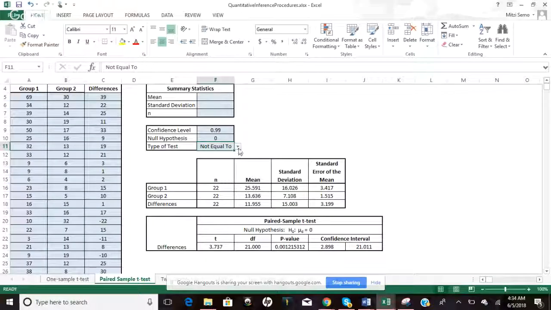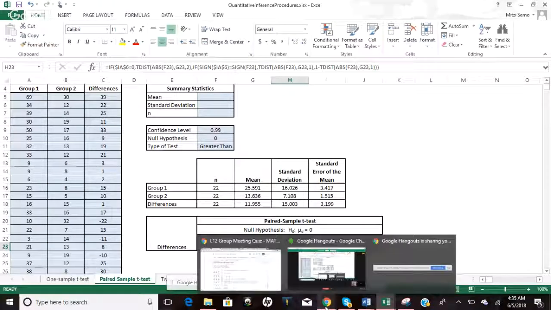No, see right here on the screen, because we put in our confidence level as 0.99, since it's a 0.01 level of significance, and not equal to is our first hypothesis, and that's 0.0012, and then the greater than is 0.0006.